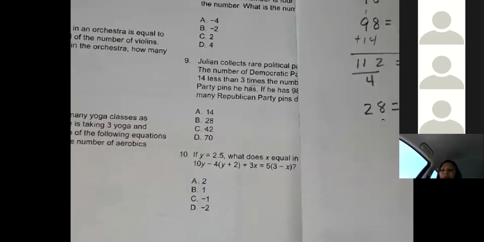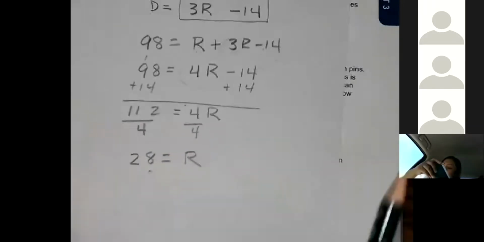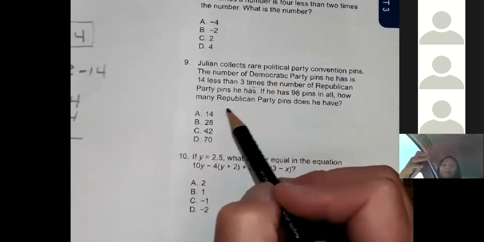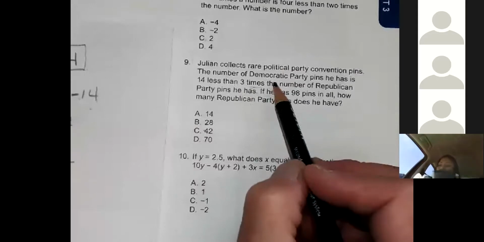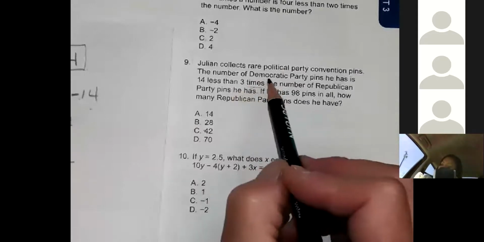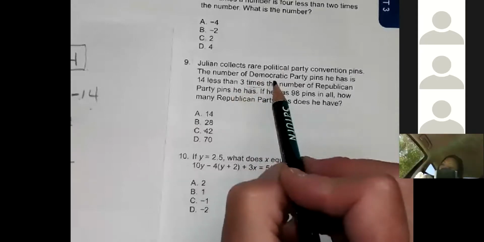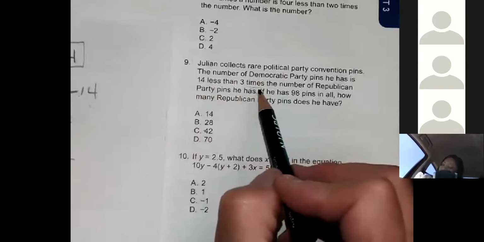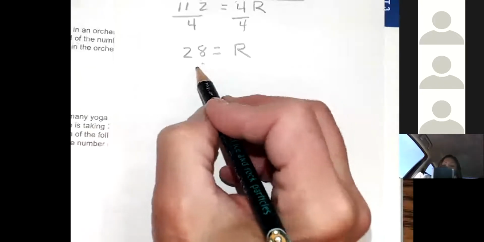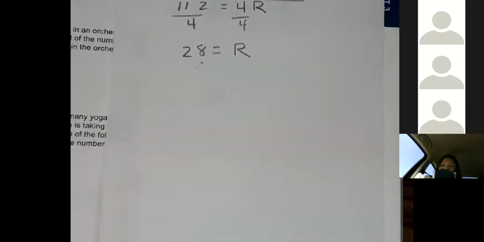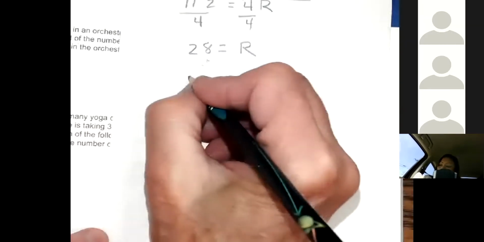And again, we can check to see if that makes sense. If he has 28 Republican pins, Democrat is 14 less than 3 times. So 3 times 28 is 84.